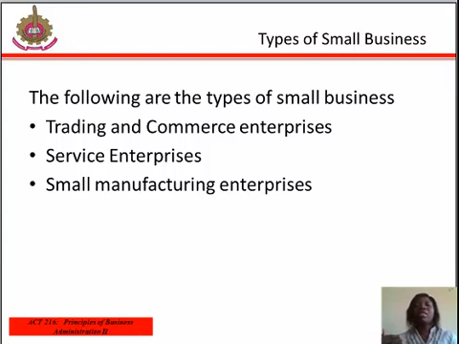Also, they may not involve huge capital outlays, that is, the startup capital. Examples of these include soap making enterprises, sachet water making enterprises, exercise book making enterprises, and bread making enterprises.